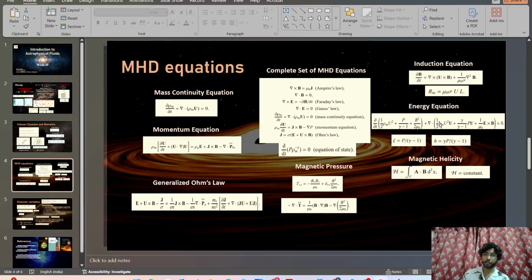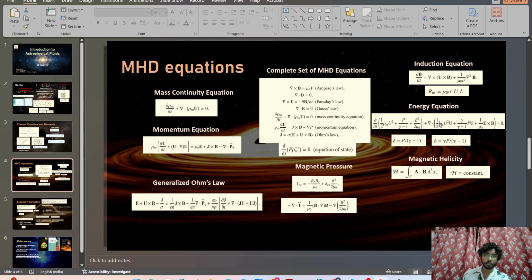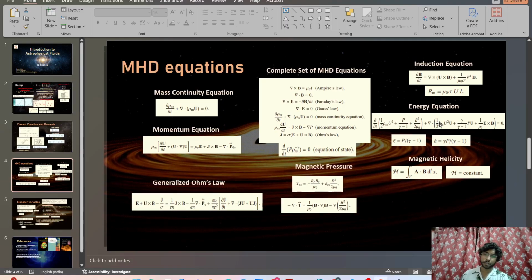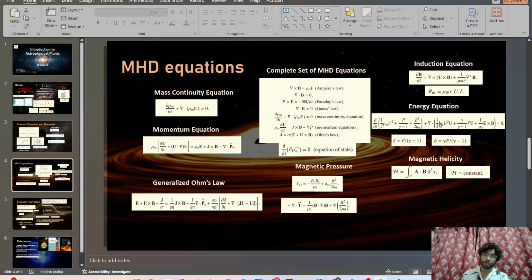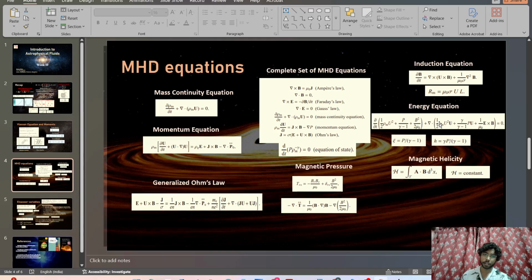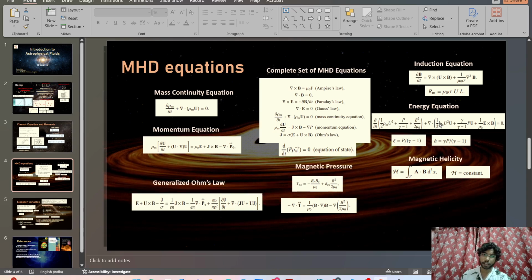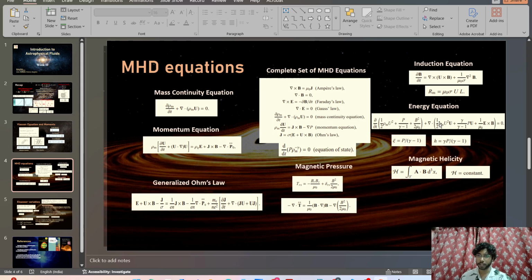And so we will come to the energy equation. But before that, we want to derive some of the other stuff. As we know, the energy equation is actually decoupled from the momentum and the mass conservation equations in a lot of cases. So we can actually do away with the energy equation in most cases.